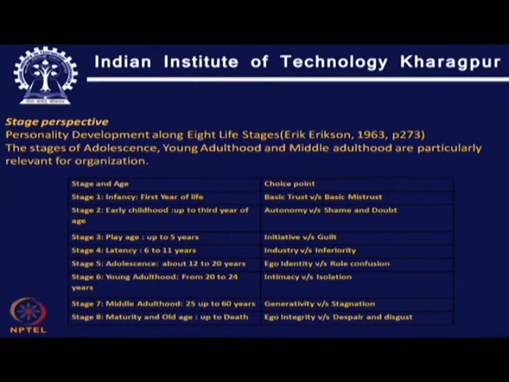So what you find is that the major stages from adolescence, young adulthood and middle adulthood are particularly relevant for organizations, because the choice point, the focus at this point of time, varies.